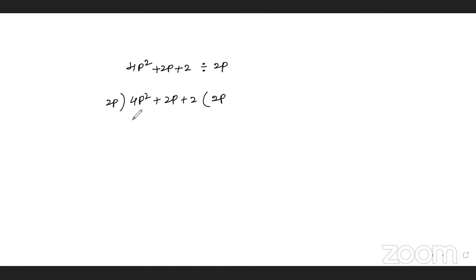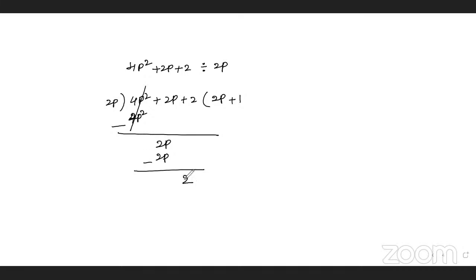If you are taking 2p, then what is the value we are getting? 4p square, isn't it? So this will be cancelled out. So 2p I am getting. 2p by 2p, that is plus 1. So 2p again it will be cancelled out. Then we are getting 0. Then we are dropping 2.